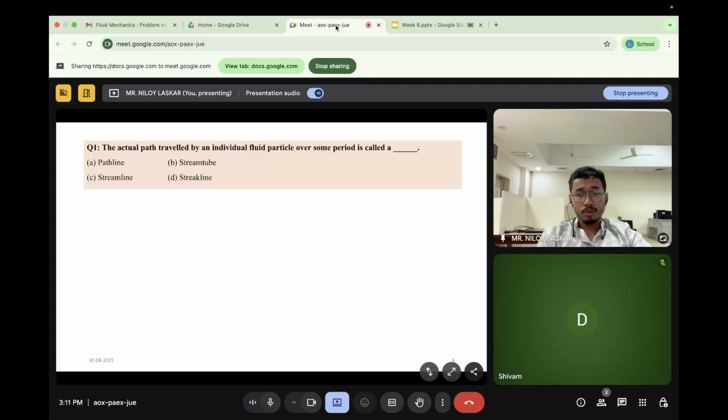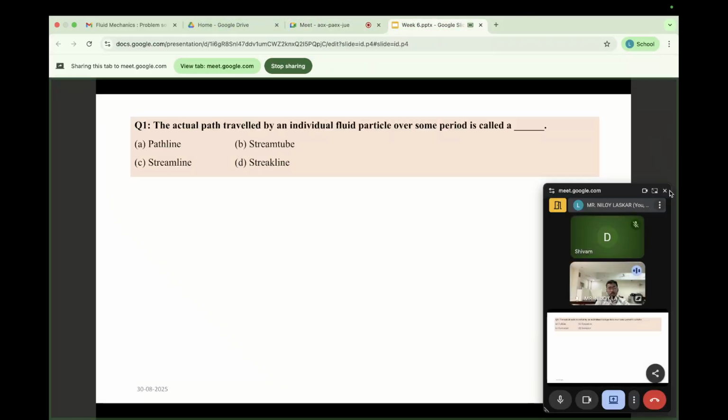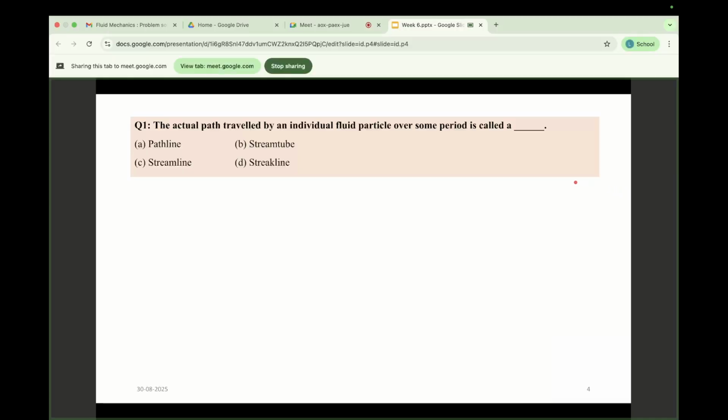Shivam, you can try. You have responded with option C. Okay, let me go through this option. So it's the correct option, right? No, it's not the correct option.